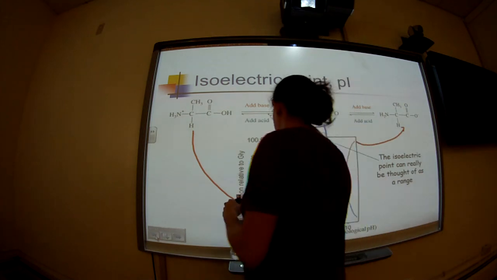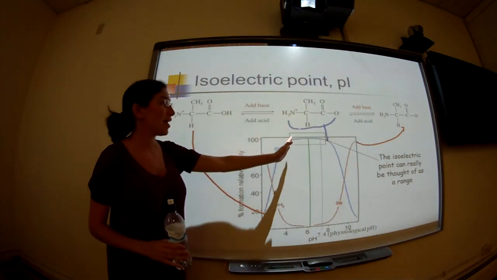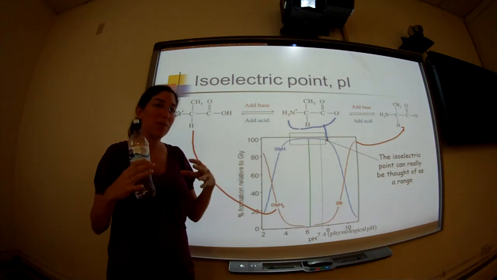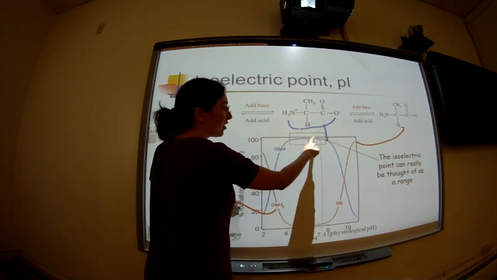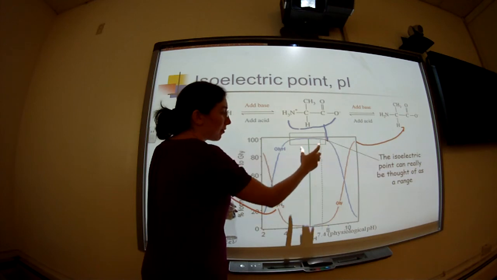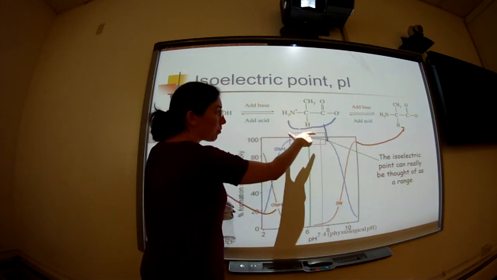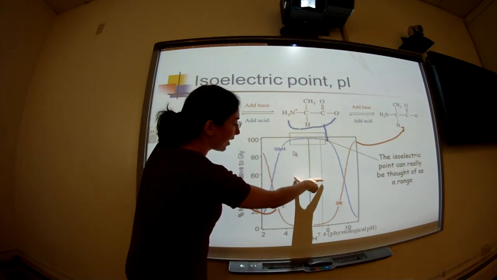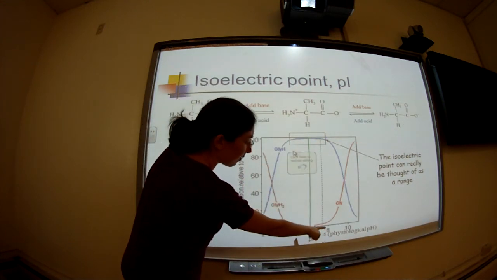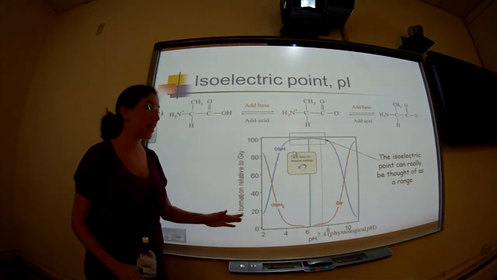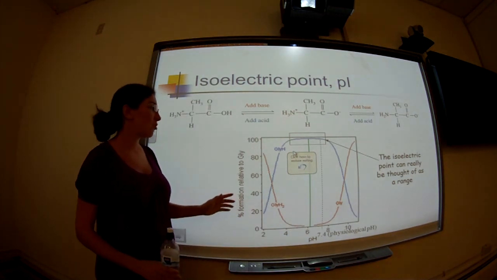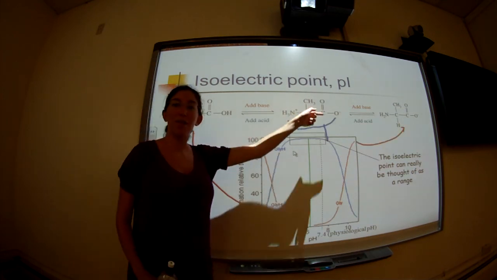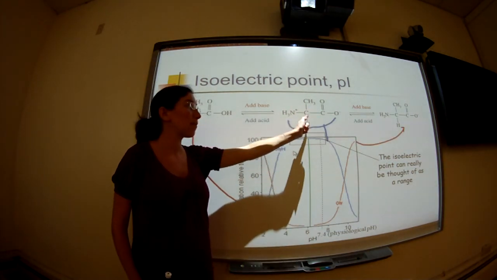On the chart, what it's saying is that the isoelectric point is sort of a range. There's a range of pHs, like 5 to 8, where the predominant form is the Zwitterionic form. If you're in that range, then the amino acid is going to be in this Zwitterionic form.